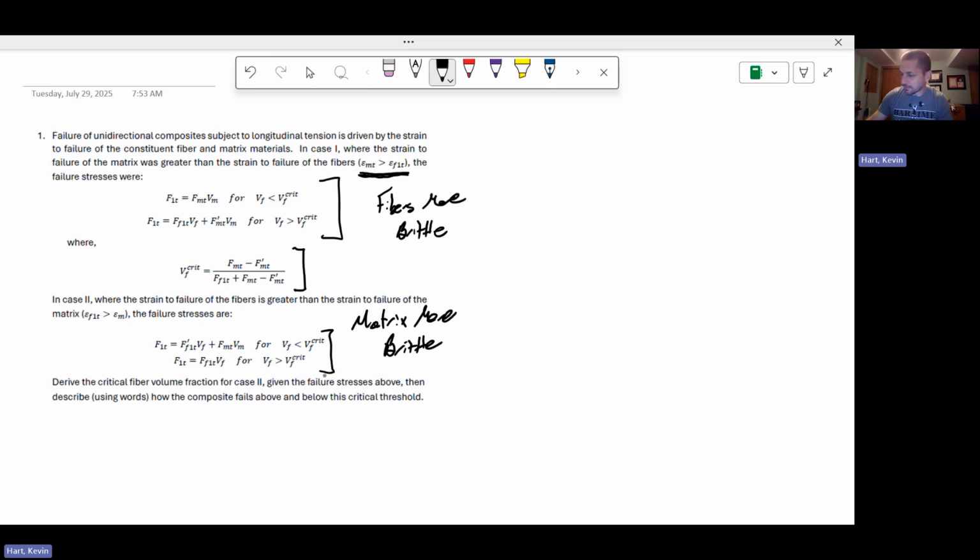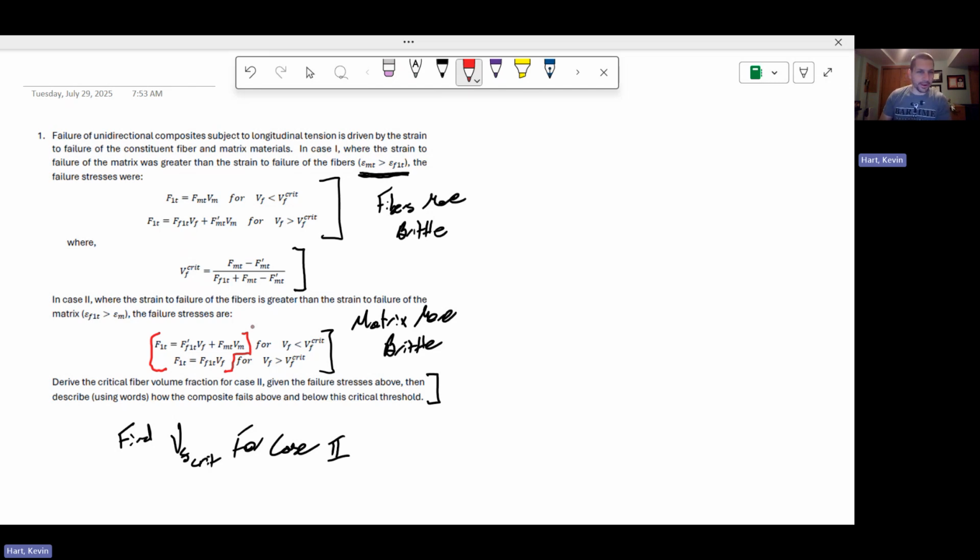We have these equations that govern the strength of the composite given a certain volume fraction of the constituents. All right. So what we're asked to do here is derive the critical volume fraction for case number 2. So you want to find VF crit for case 2. Essentially these two equations here, which govern how the composite fails in case number 2, are just two linear equations, right?